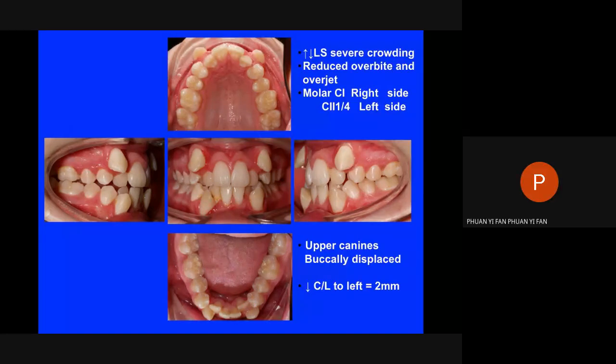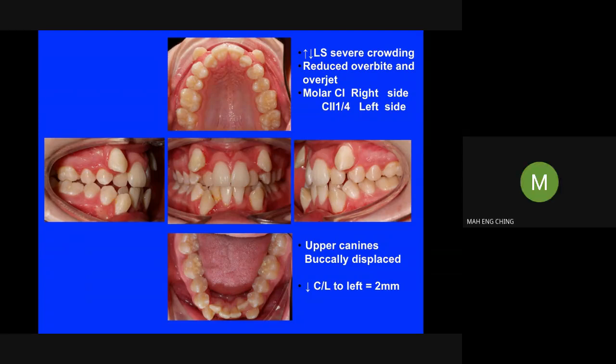Another question. If the patient has a severe crossbite but minor overjet, which do we go for? A minor overjet but severe crossbite. Minor overjet, how many millimeters?